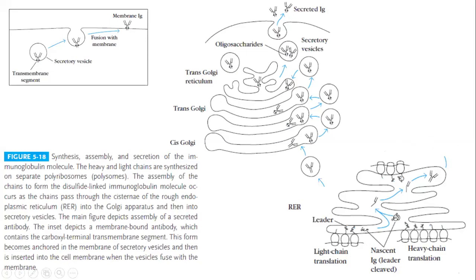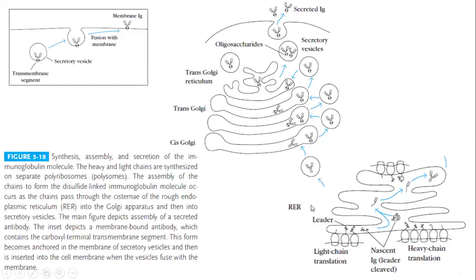Let's break this down and look at the process in the rough endoplasmic reticulum, what is happening here. One light chain and one heavy chain go into transcription, making the polypeptides specific to the light chain and heavy chain, whatever combination they picked. We know that at the beginning of each there is a leader sequence.